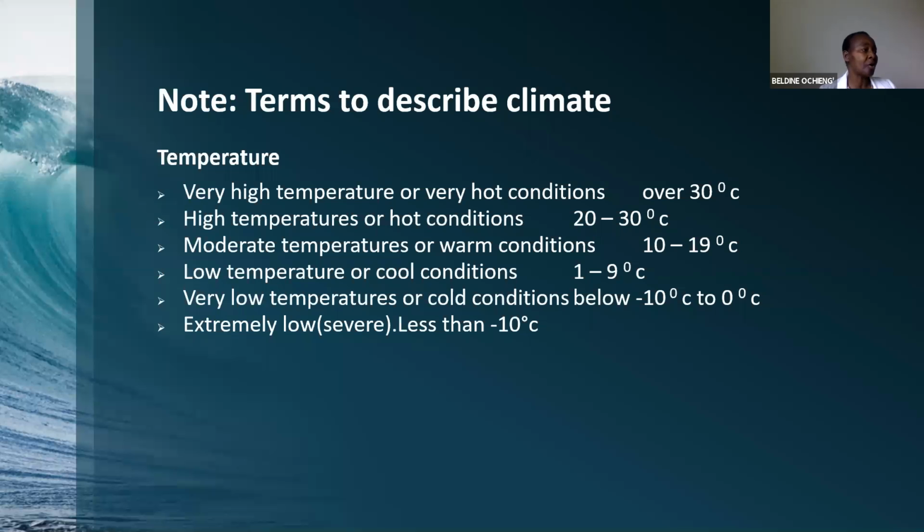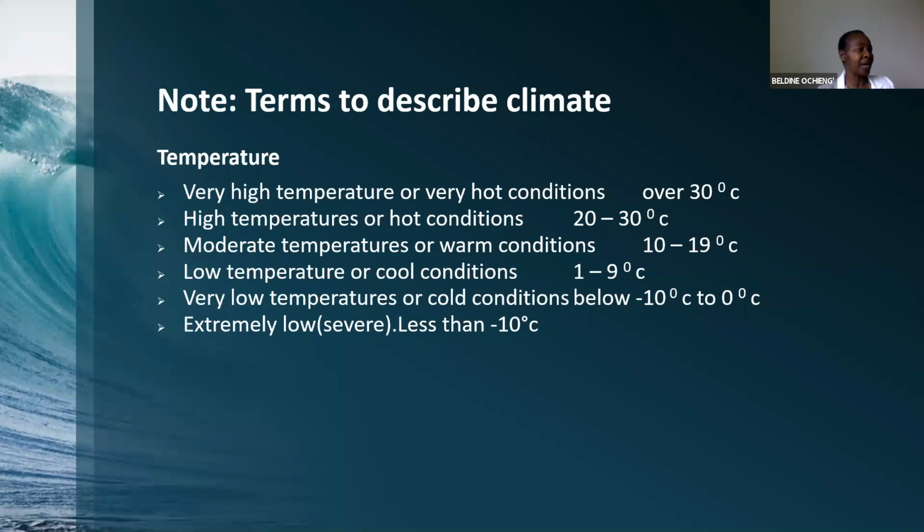But you cannot talk of very high, it's very high temperatures, not very hot. The climate is hot, but temperature is high. Have that in line. Otherwise, if you talk of hot temperature, you will not get anything.